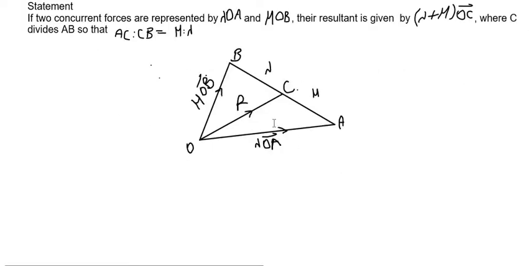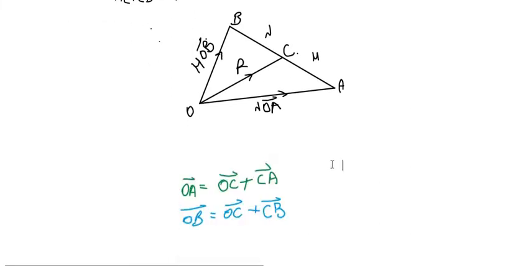If you see this diagram, you can make two equations from it. Here OA equals OC plus CA, and the other force OB can be resolved into two components, which are OC plus CB.